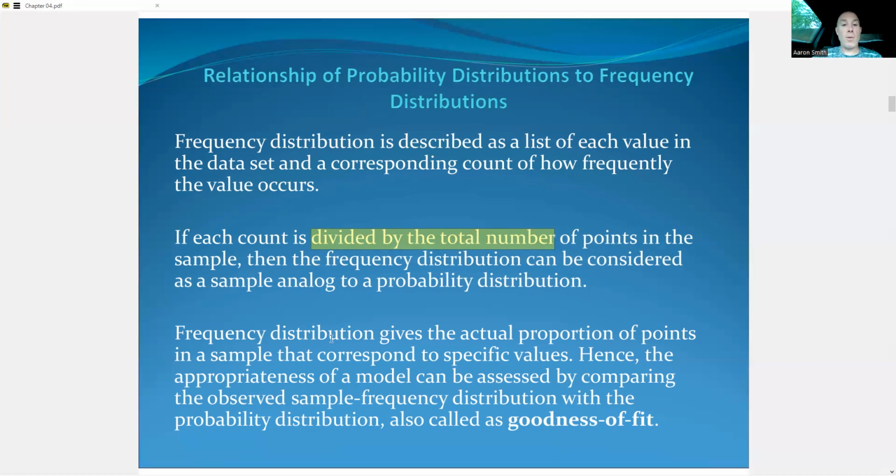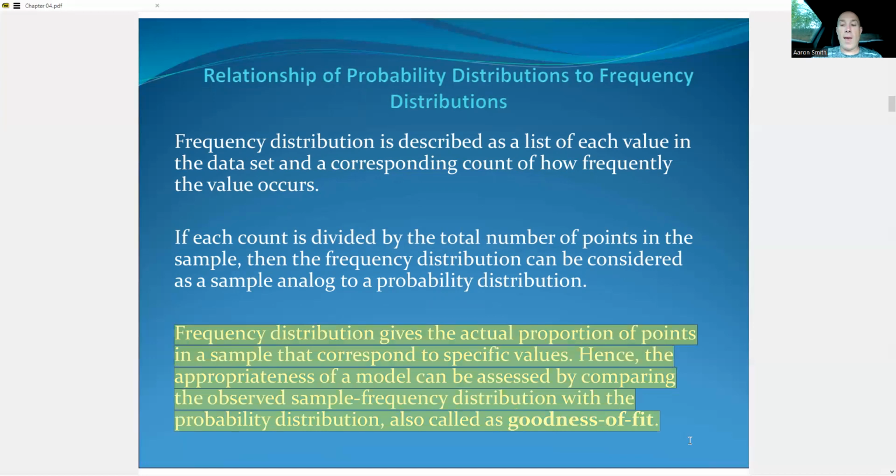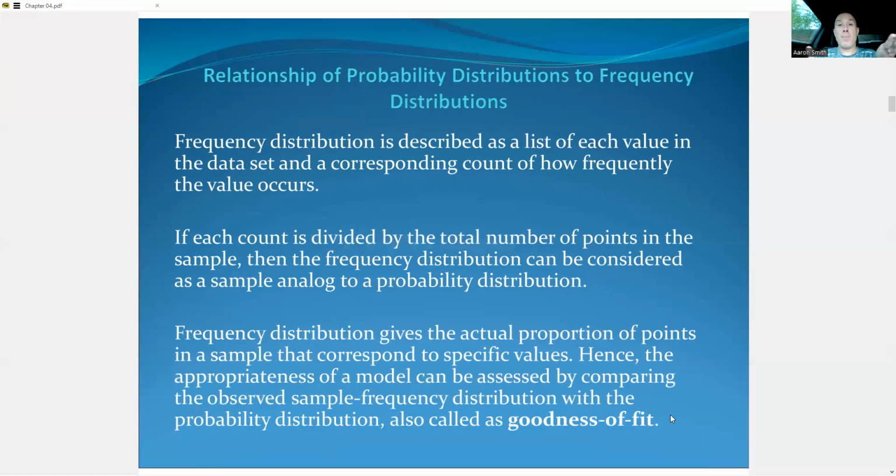A frequency distribution gives the actual proportion of points in a sample that corresponds to a specific value. Hence, the appropriateness of a model can be assessed by comparing the observed sample frequency distribution with a probability distribution, also called the goodness of fit. All right, so what we're talking about here in this paragraph is that I have some data, and I believe I can model that data using a particular probability distribution function, probability mass function.